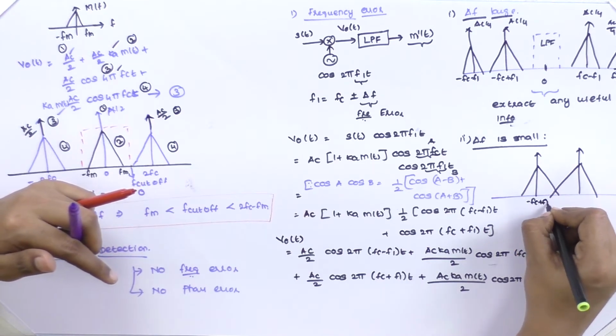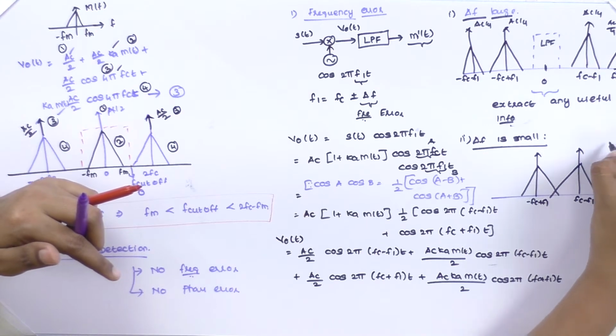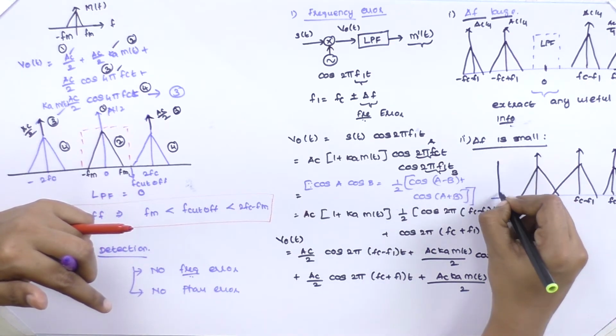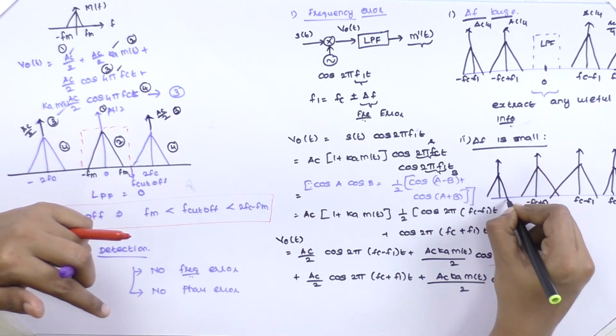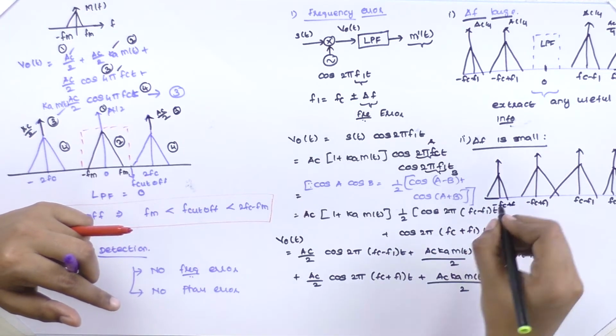Minus fc plus f1 and fc minus f1. Here it is fc plus f1, minus fc plus f1.